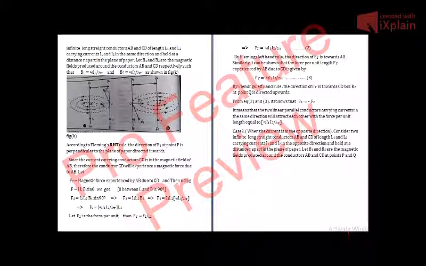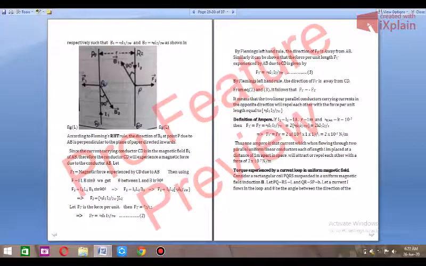We can show that the force. So here is a picture. From this picture you can see that the current in the two wires is in opposite direction. In wire AB, the current is flowing upwards, and in wire CD the current is flowing downwards.